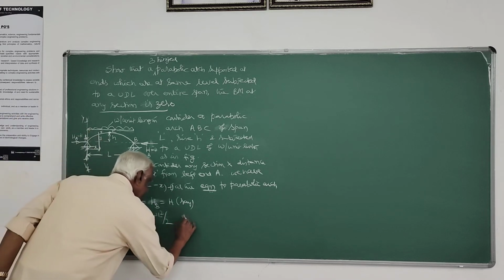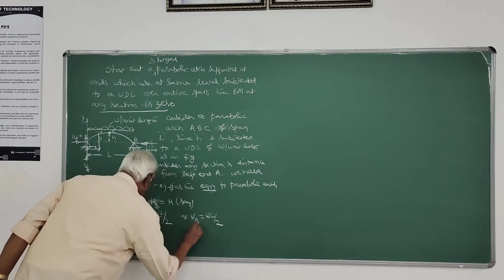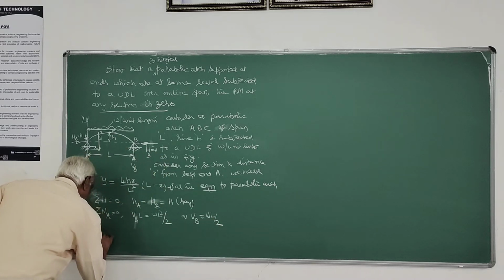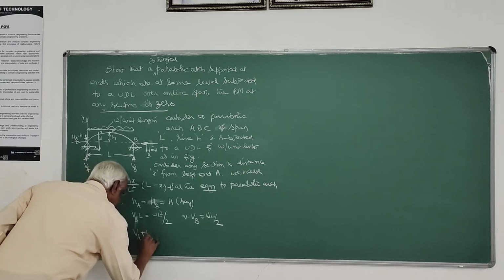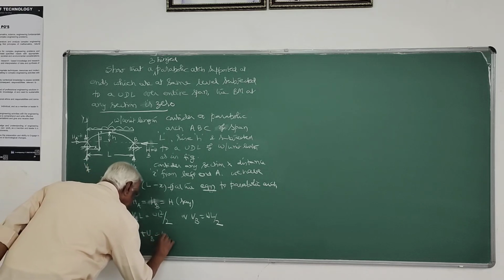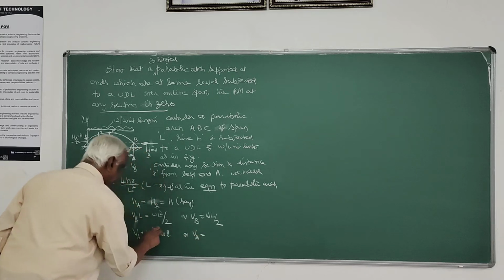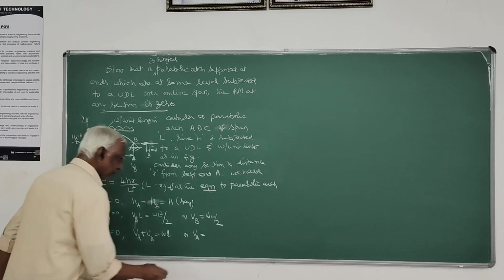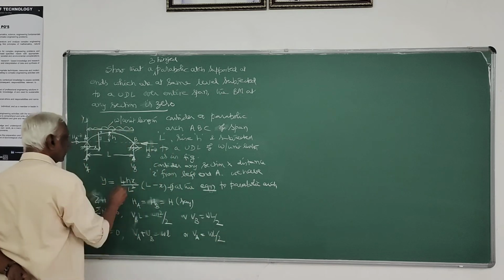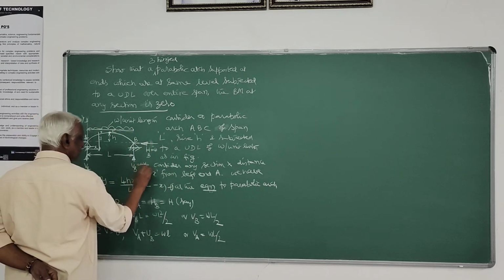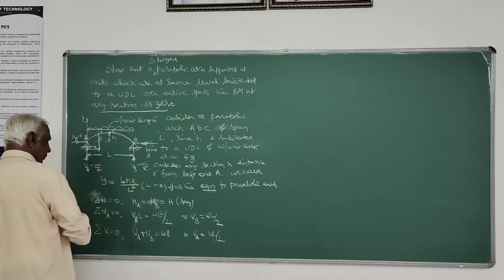So Vb is equal to W L by 2. And sigma V equals 0 gives Va plus Vb is equal to WL. Therefore, Va equals WL minus Vb, that is WL minus WL by 2, which is also WL by 2.